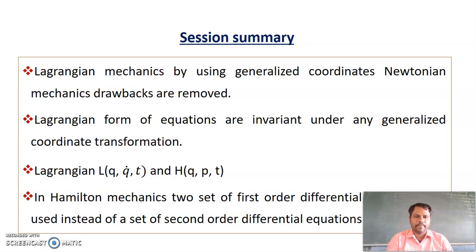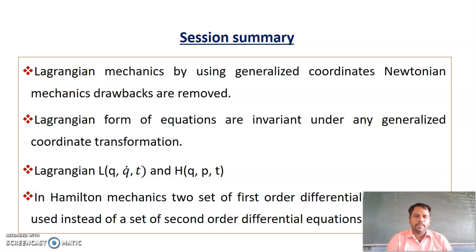So in classical mechanics, we have seen a reformulation of Newtonian equation of motion by Lagrangian as well as Hamilton. In Lagrangian mechanics, we have second order differential equations to be solved, whereas in Hamilton mechanics, we have first order differential equations.